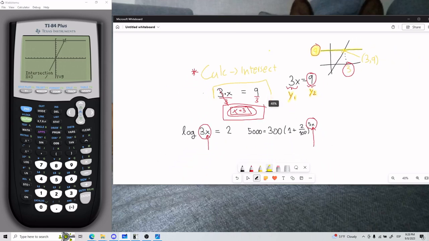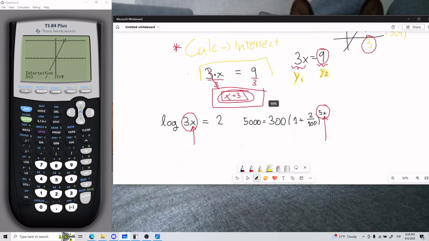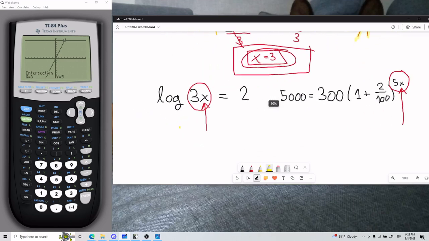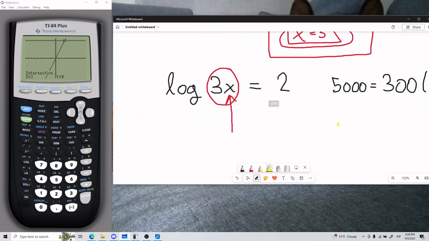Now I need you guys to believe me that this works for weird stuff. Imagine we're facing the log problem over here. You have no idea how logs work. Maybe you're studying for the ACT or whatever, you have the graphing calculator, and you forgot the log part. There's this one log problem. You don't know how to solve it, but you do know how the calc intersect trick works. So what would you do?